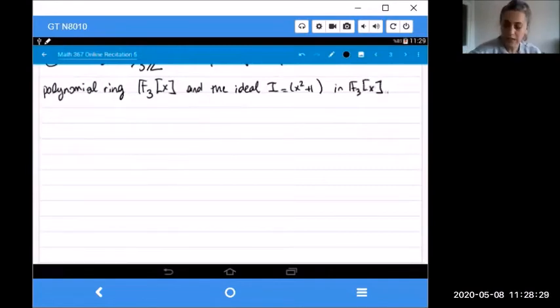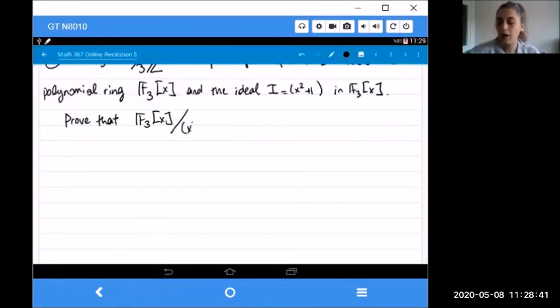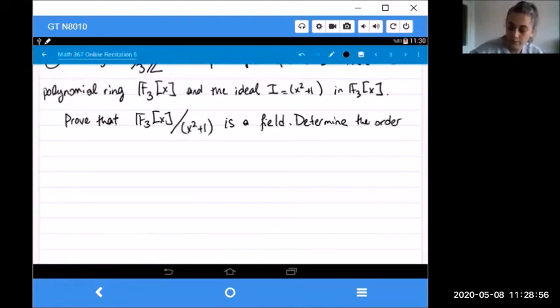Now we are going to prove that F3 of x over the ideal generated by x squared plus 1 is a field, and we are going to determine the order of the field.